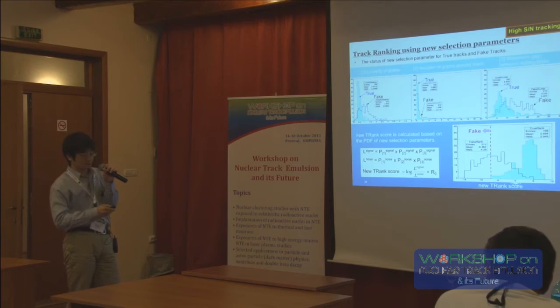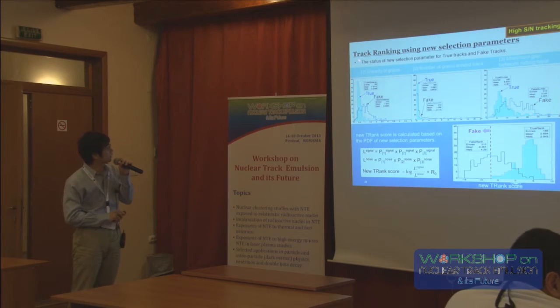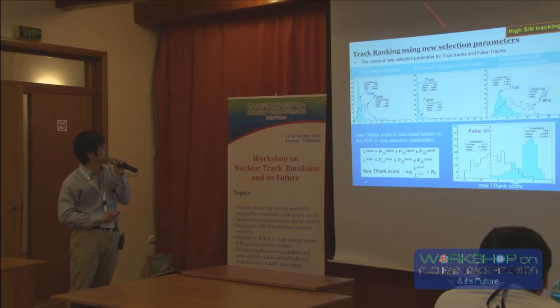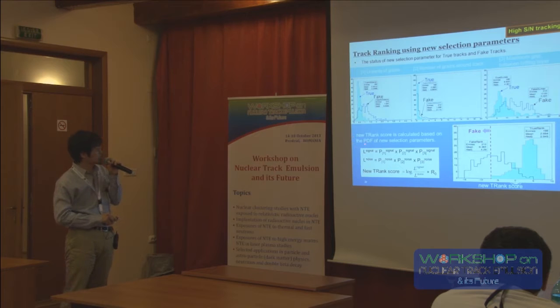Okay, next, this is a new parameter. This is the linearity of grain, true and fake, the number of grains around the track, true and fake, and the maximum gap between hitting layers, true track and fake track. The new track ranking score is calculated based on the probability density function of the new selection parameters.